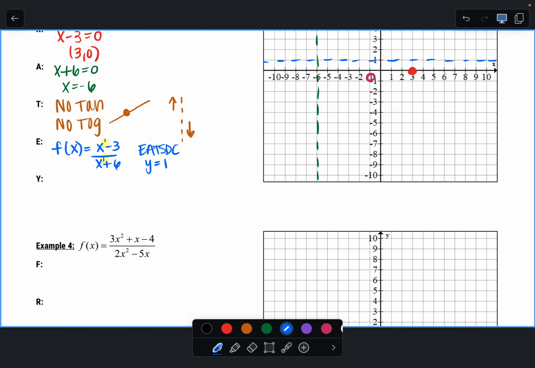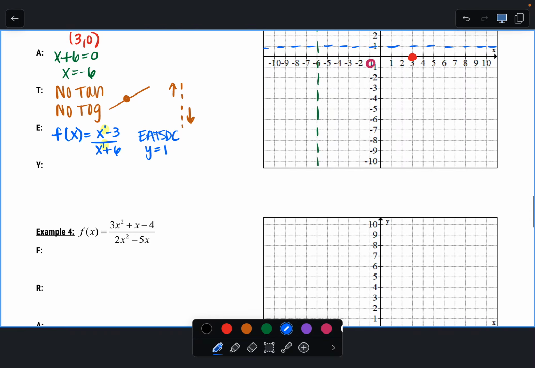Now for the y-intercept. The reason why I say standard form is really nice for the y-intercept is you only have to come in and look at the constants. So I have negative 3 over positive 6. What does that simplify to? Negative 1/2. So my y-intercept is 0, negative 1 over 2.